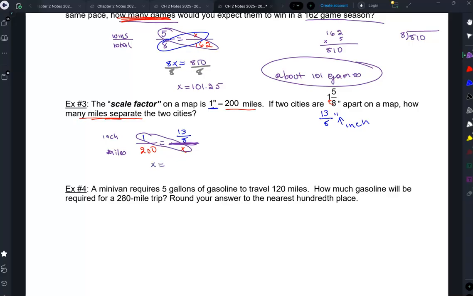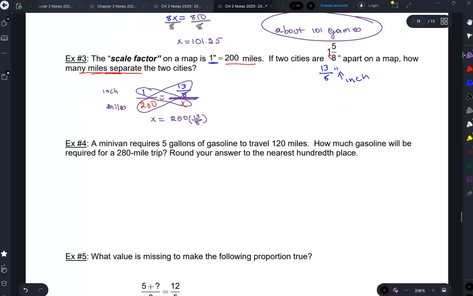So x equals 200 times 13 over 8. Okay, now let's see how we can do this. This is over 1. Now I'm going to multiply 200 times 13 over 8. Okay? So, how do I do this?